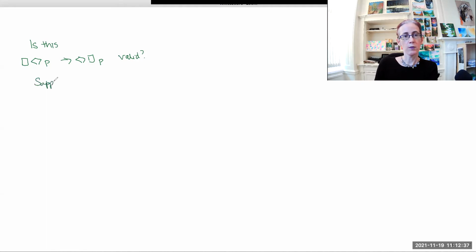So suppose it isn't. Then, I'm just going to go straight to drawing the diagram. We know that we have a world W that makes necessarily possibly P true, because that's the antecedent of the conditional, and possibly necessarily P false.